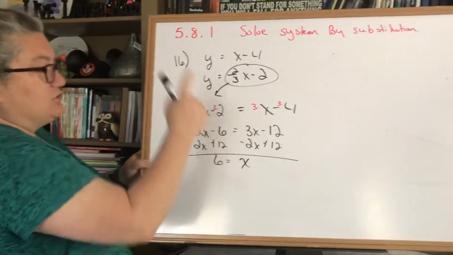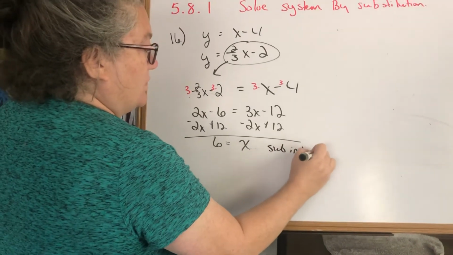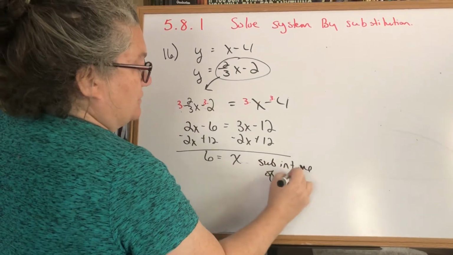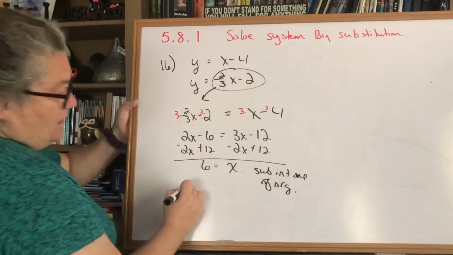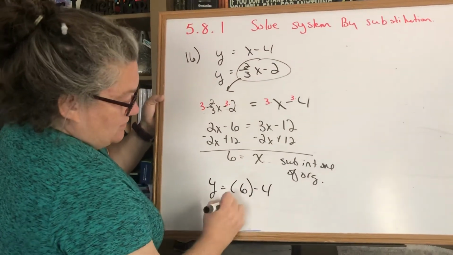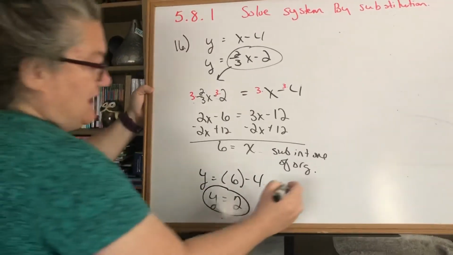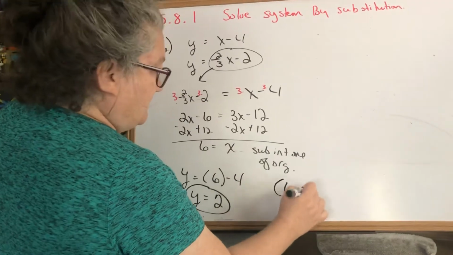So now we're going to substitute it into one of the original equations. Y equals 6 minus 4. Y equals 2. So our ordered pair is (6, 2).